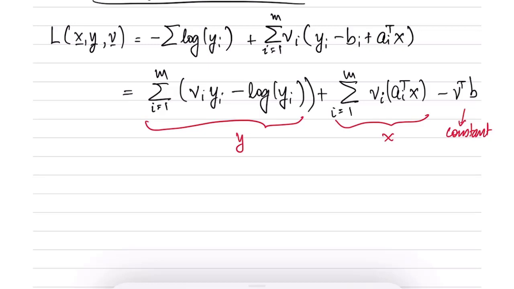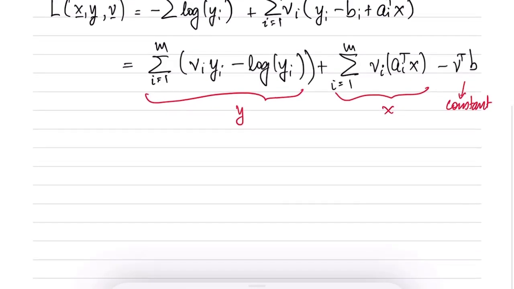So the Lagrangian is often separable in terms of the primal variables, and that's what makes minimizing the Lagrangian easy. For instance, in this case, if we minimize with respect to x and y, we can separately minimize with respect to y and separately minimize with respect to x while ignoring the constant term during the minimization. That is only possible because x and y appear in separate terms.